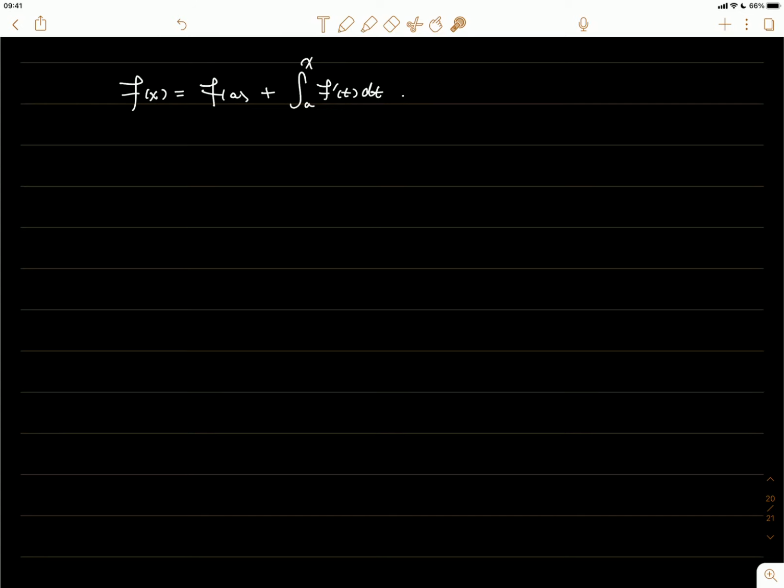So previously, what we know is in which case the function will be differentiable, but a function being differentiable does not necessarily mean that this holds. Right? It doesn't mean that it holds. So here we're going to provide a necessary and sufficient condition for this to hold. The concept is called the absolute continuity of a function.